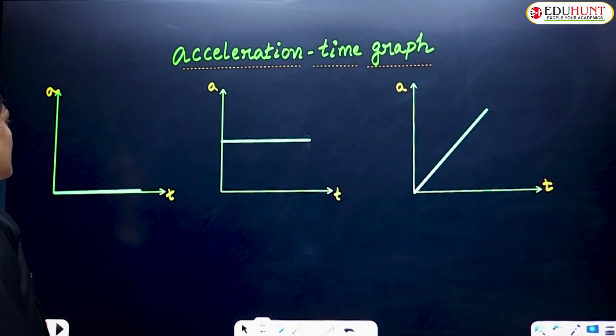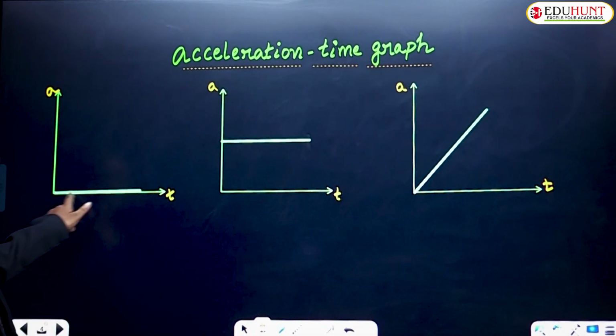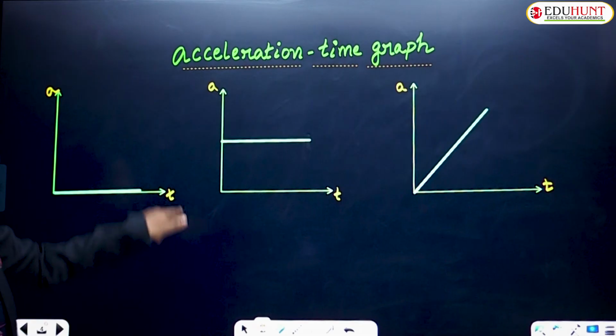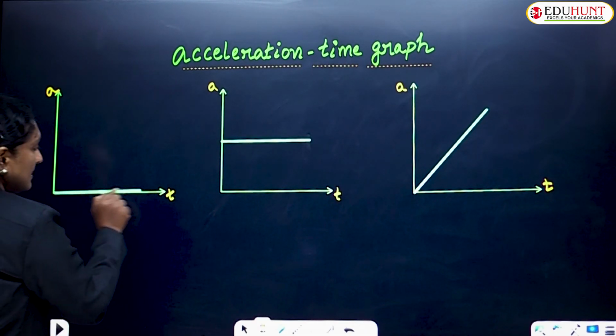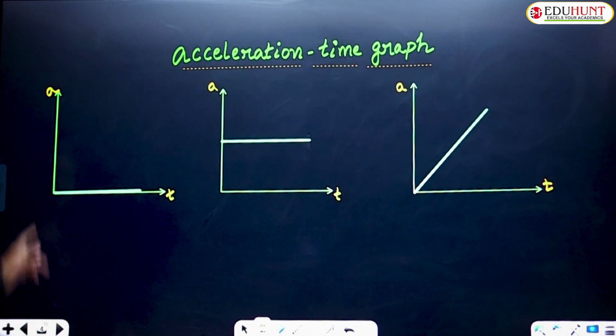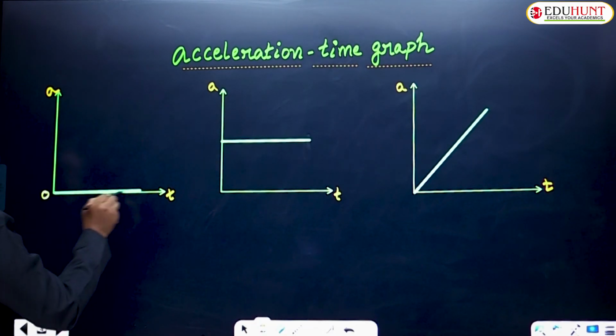The same case, children. If you plot an acceleration time graph, here we observe that the acceleration time graph coincides with the time axis. This bold line, the acceleration time graph, coincides with the time axis. That means as time increases, the acceleration is 0.